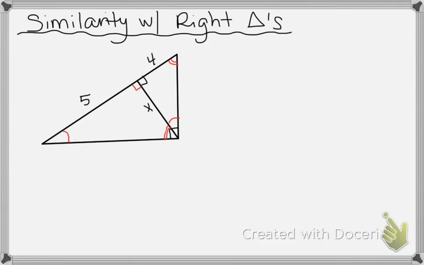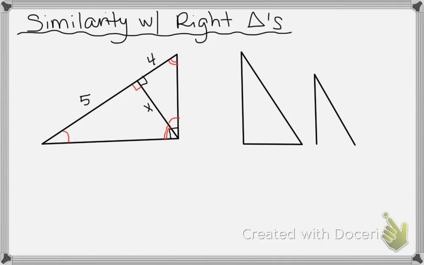Now, it's hard to look at the figure like this, so what we're going to do is draw 3 triangles off to the side. So we're going to draw a large right triangle off to the side, a medium right triangle, and a small right triangle, because that's what we've got.